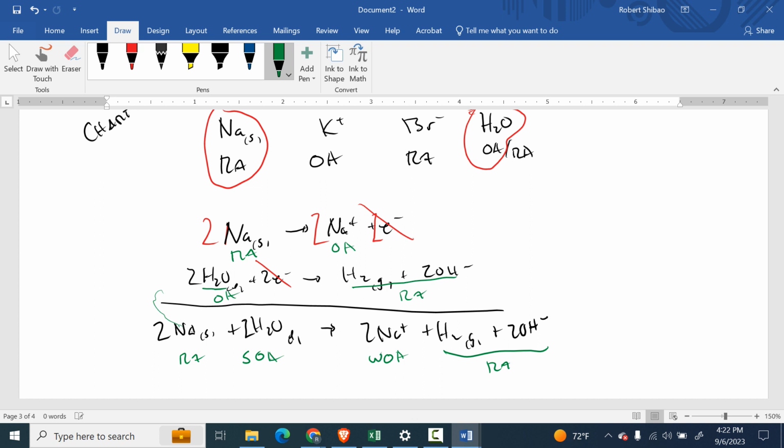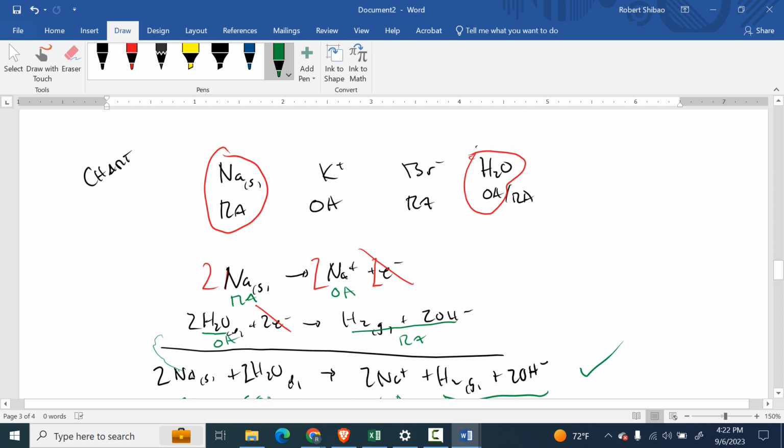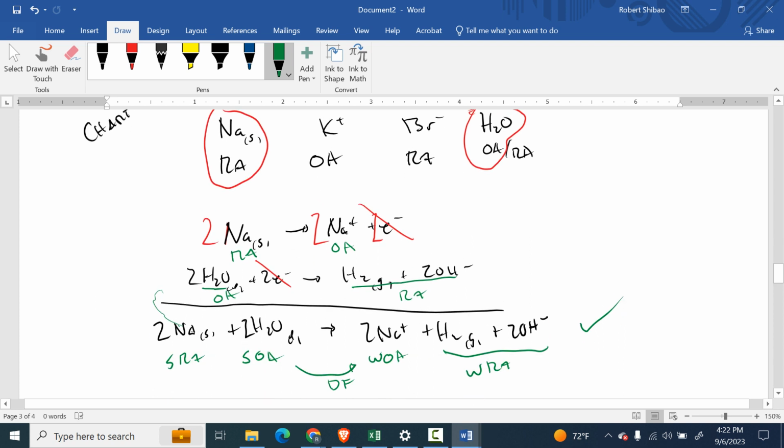We're going from a stronger oxidizer to a weaker oxidizer. We saw that earlier on the chart, and so that's the driving force. If the oxidizers are assigned correctly, the reducers are exactly the same, stronger reducer to weaker reducer based on the conjugate relationship. So there is a reaction here. There was no single replacement, but there was a chart. And so the best thing is just to use the chart. It's more general, and you don't have to memorize the exceptions.